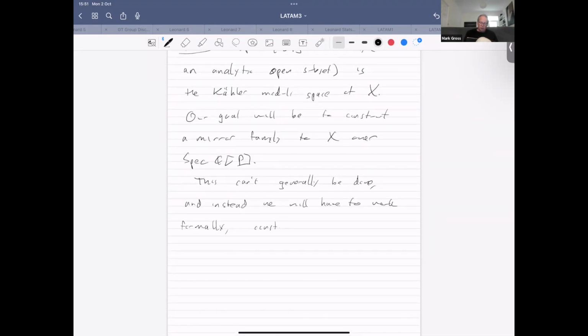Constructing mirrors over Spec C[P]/I, each monomial ideal I with C[P]/I Artinian, so a finite dimensional C algebra.